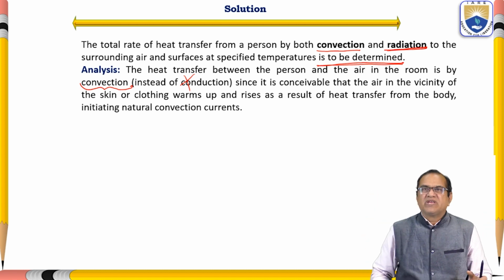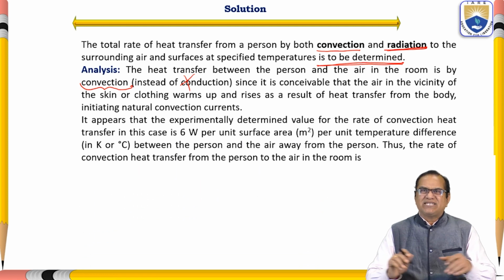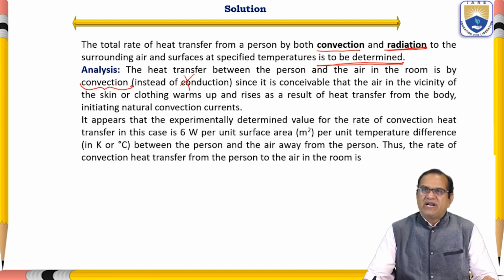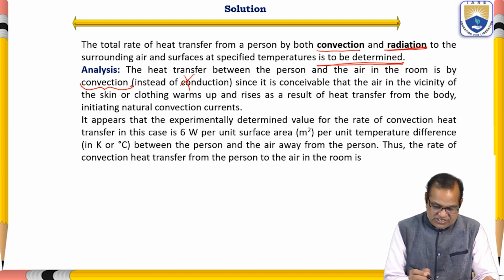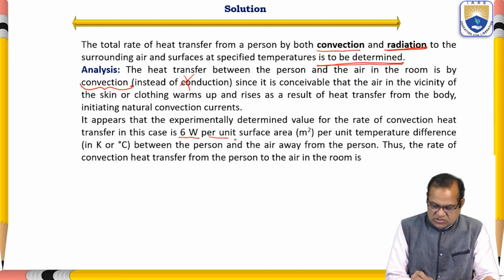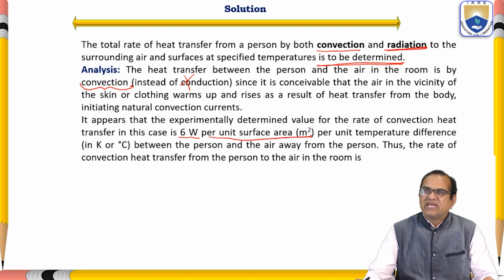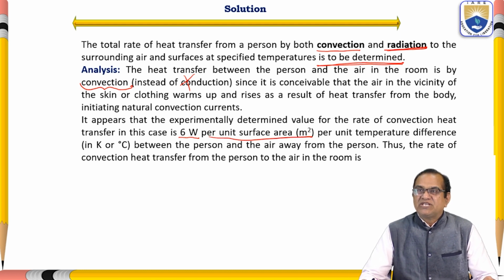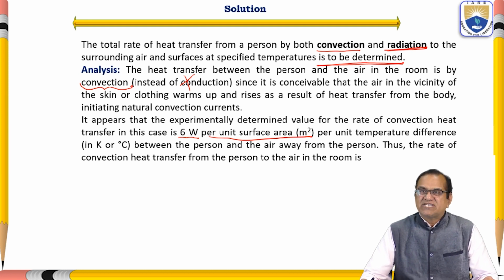That is what we are assuming, and it is happening also. So it appears that the experimentally determined value for the rate of convection heat transfer in this case is 6 watt per unit surface area per unit temperature difference in Kelvin or degree centigrade between the person and the air away from the person.